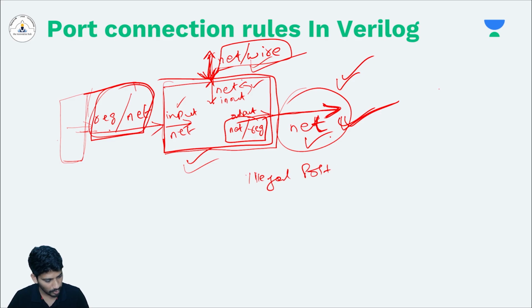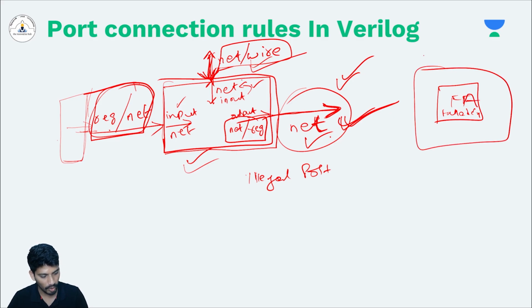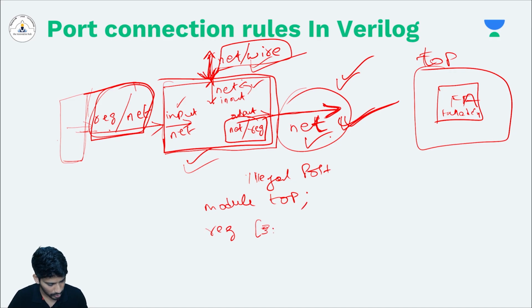The same example, I will take the full adder. Its name is full add 4, and I am calling it in a top block. So the module is module top, and my port declaration is reg [3:0] A, B, and then reg Cin.